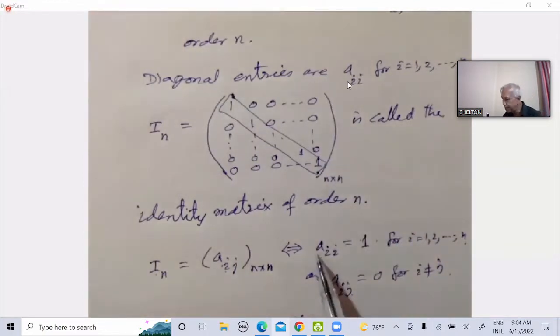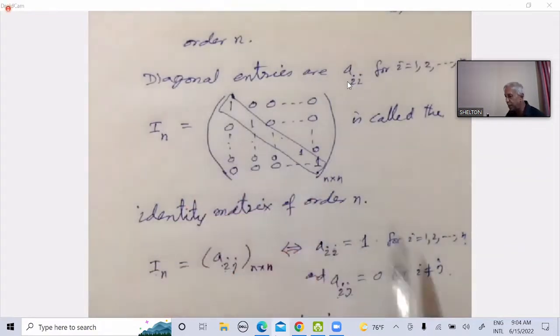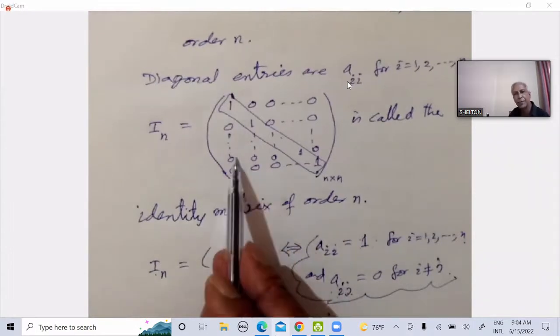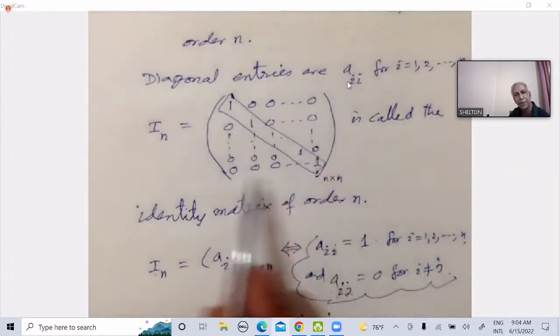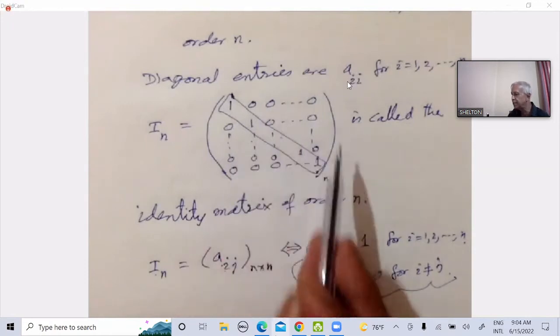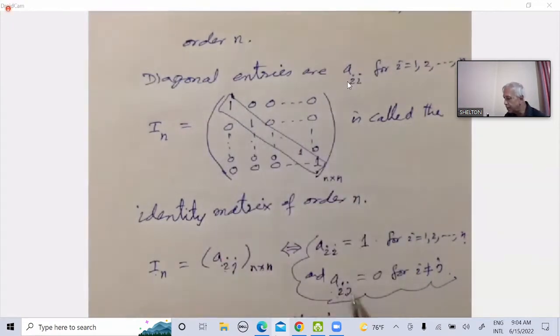So that's what I wrote here: A_ii equals 1 for i going from 1 to n, saying these entries are all ones, and A_ij with i not equal to j, saying that it is not on the diagonal, is 0. You can see all the numbers are zeros. A_ij is equal to 0 for i not equal to j, with i going from 1 to n and j going from 1 to n also.